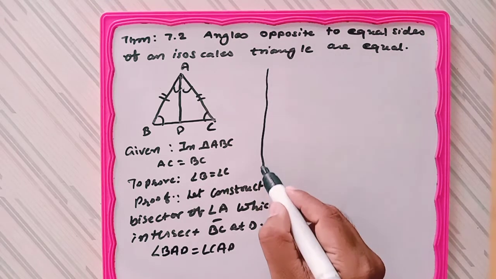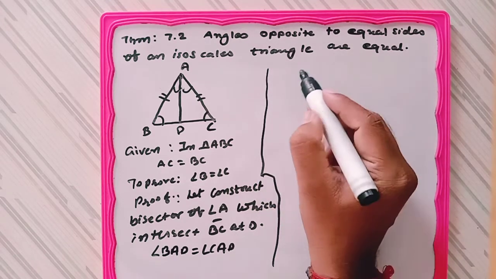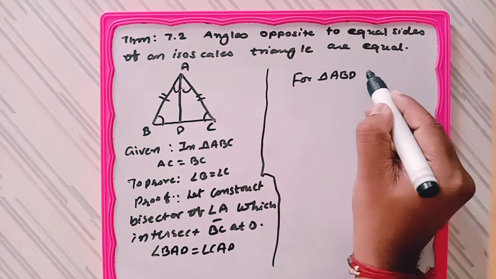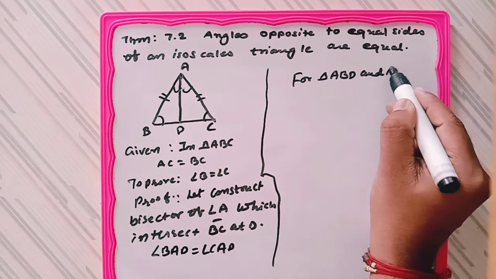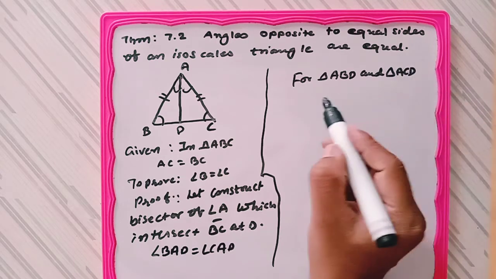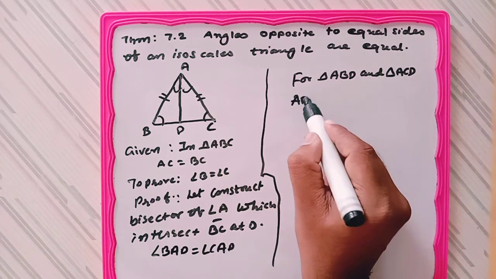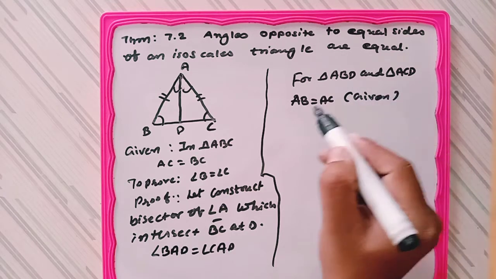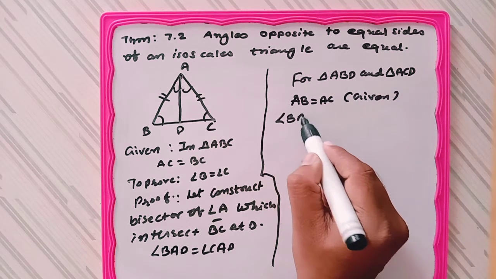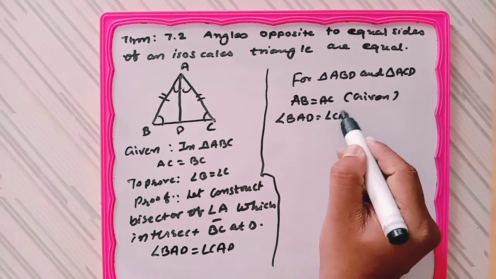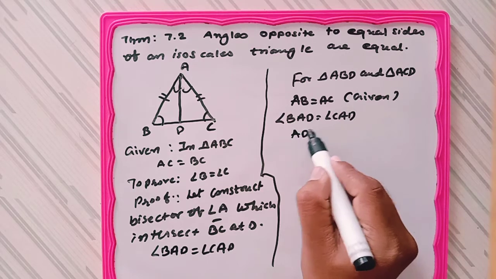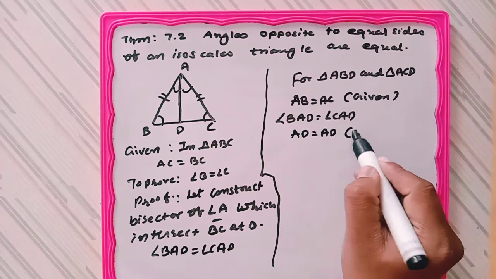And so for triangle ABD and triangle ACD, we have AB equals AC, that is given. Angle BAD equals angle CAD, we did in the construction, and AD equals AD, that is common.